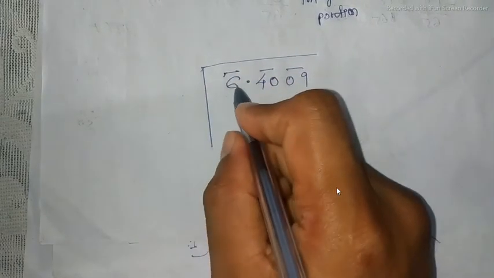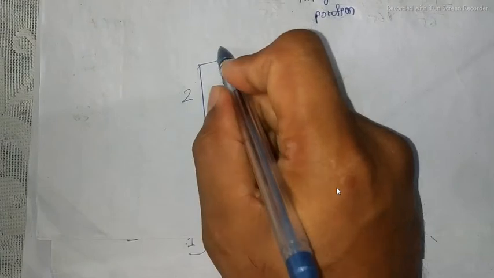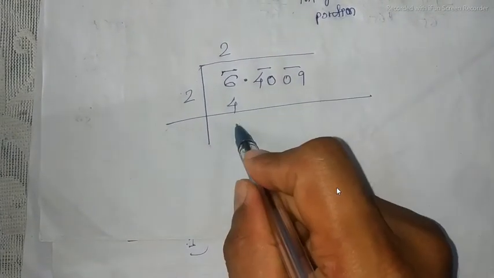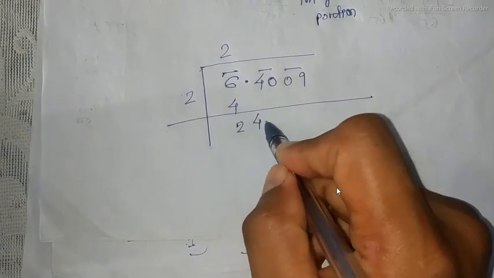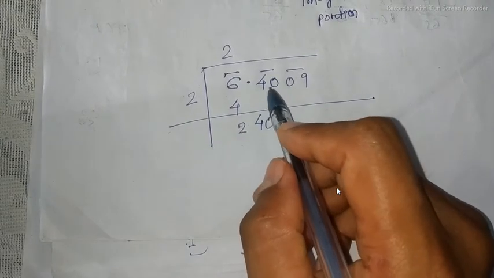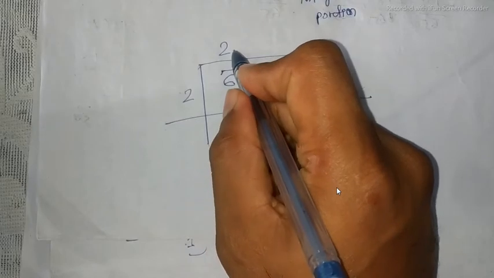So 6. The nearest perfect square is 4. So 2 2s are 4. 2 remains, and this pair from the decimal portion comes. As soon as we take the pair from the decimal portion, we have to put the decimal point here.